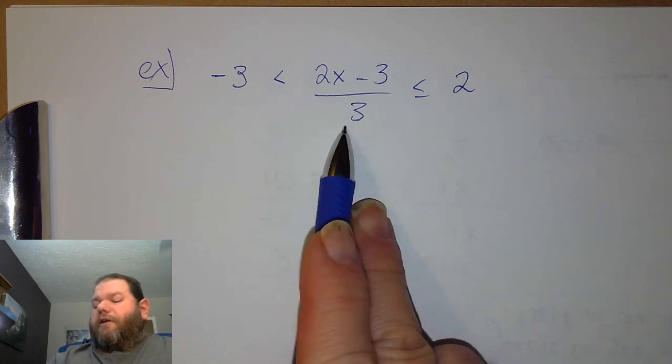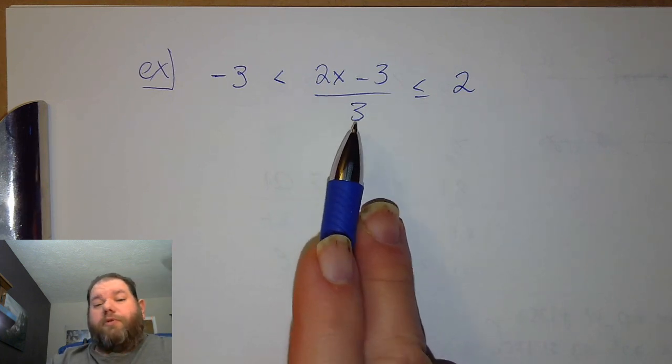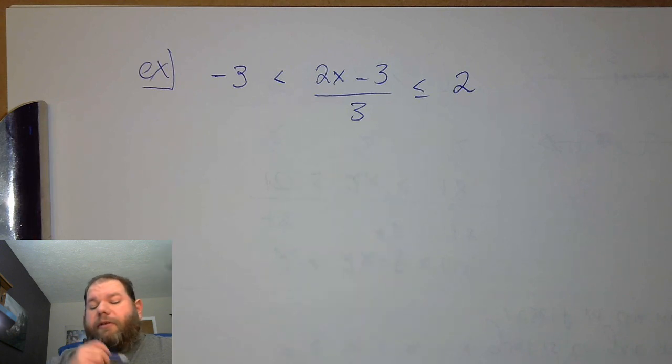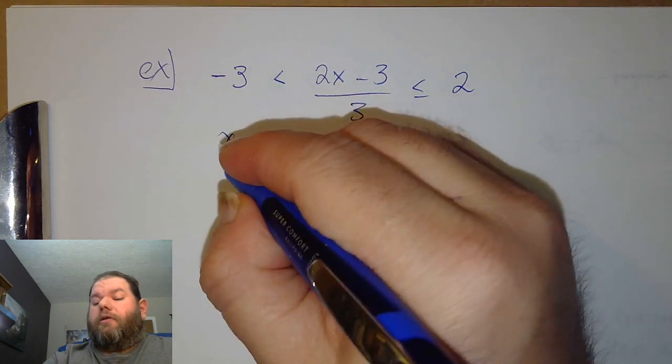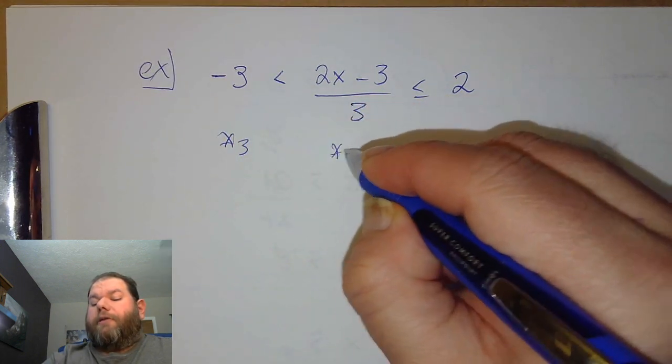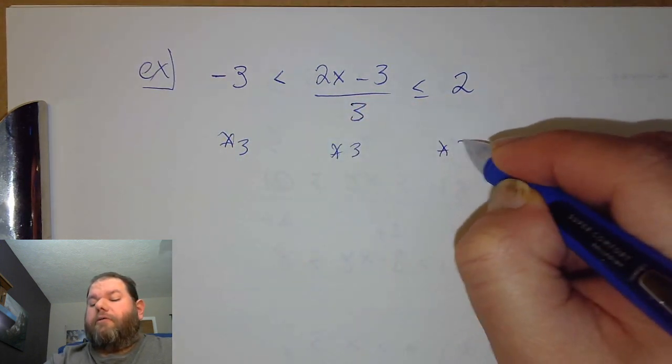If this is divided by 3, what is the opposite of dividing by 3? Multiplying by 3, yes. So multiply by 3 everywhere.